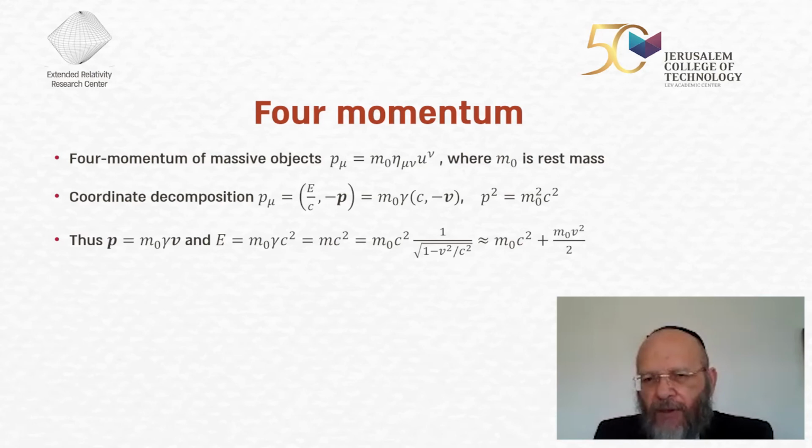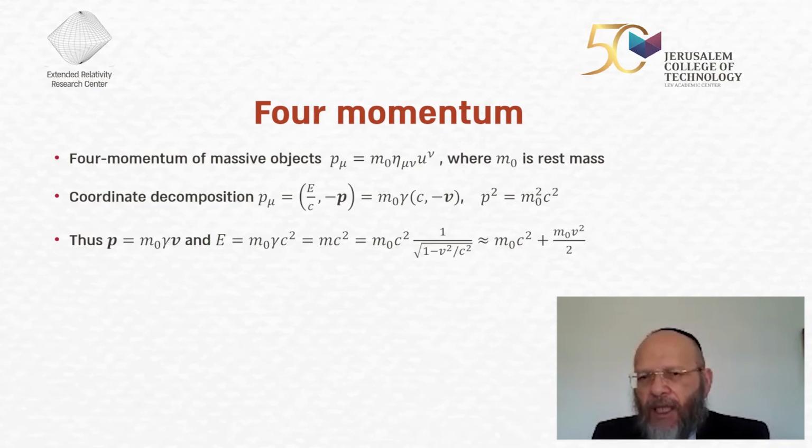At 0, the value when v is 0 is 1, so we get m0 c squared, and then the next term will be the power minus half, and the inner derivative will be minus 2v squared over c squared, and now the c squared will cancel, and you'll get this formula, plus higher terms.